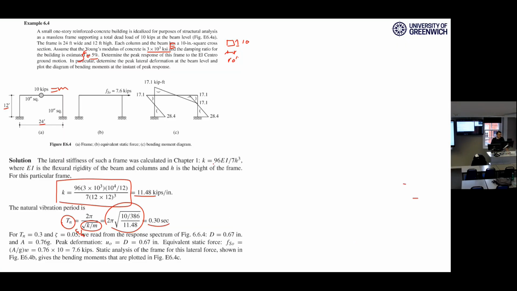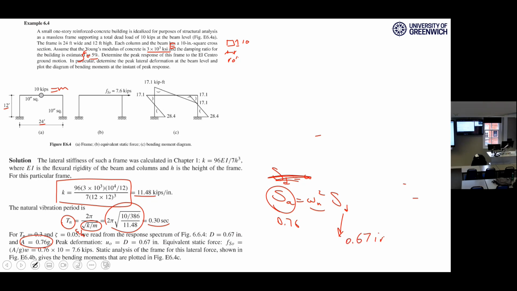So this is your spectral acceleration, and you always know the spectral acceleration is omega n squared times the spectral deformation. So if this is 0.76, you have omega n, you can come up with SD, the spectral deformation, which is 0.67 inch.